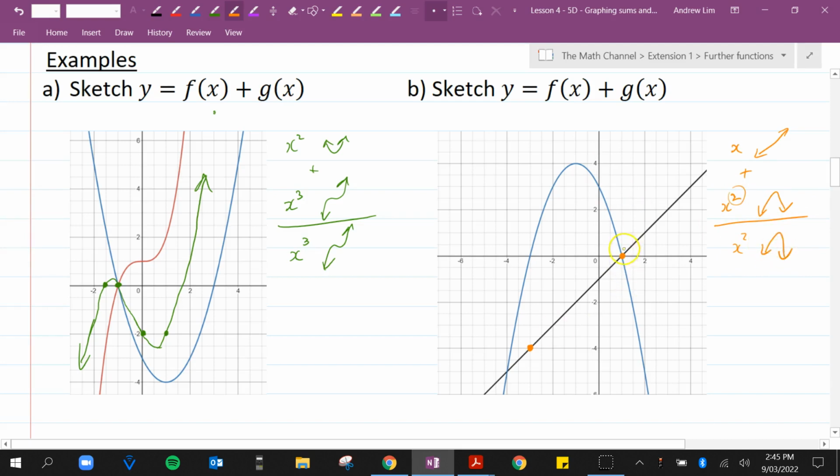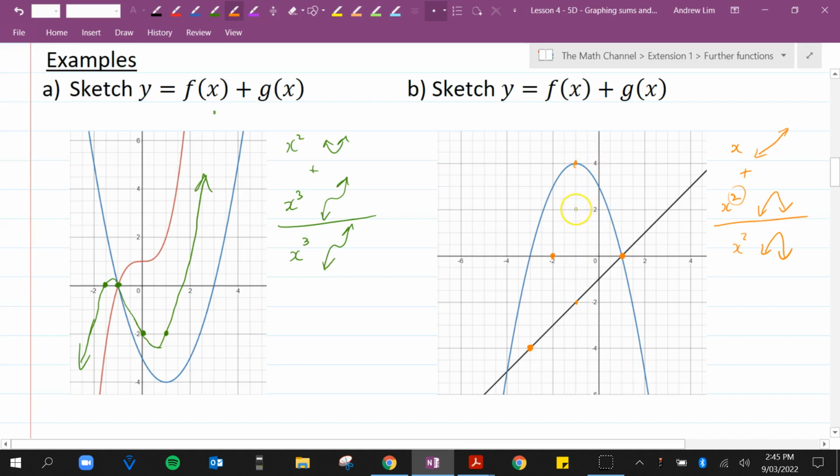Alright, so we've identified those points. Let's add some other easy points to add these other easy y values. So this has a y value of 3, and this one has a y value of negative 3, so that when they add together, we'll add to 0. A y value of 4, and a y value of minus 2.